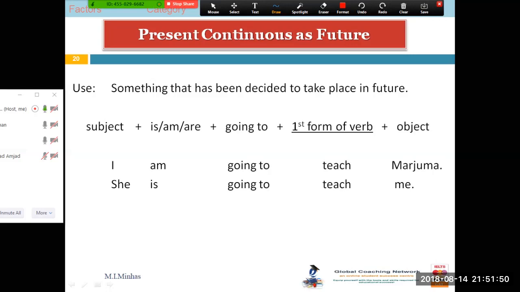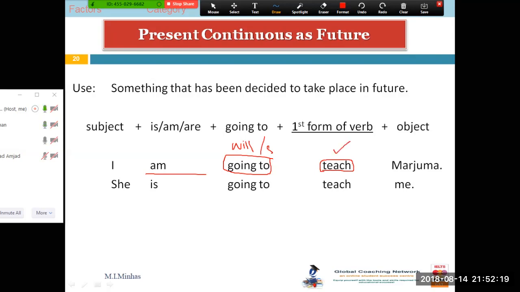But here remember one thing, that this form, going to, you can say this part is equivalent to will or shall. So if I say I'm going to, now my actual verb is teach, it remains there intact.